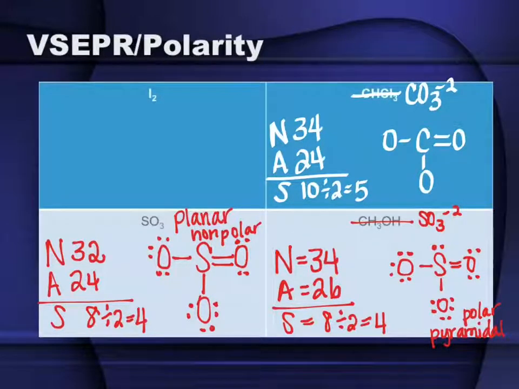So we have 24 electrons we need to use. We have 8. We have 9, 10, 11, 12. Oxygen's happy. 13, 14, 15, 16, 17, 18, 19, 20, 21, 22, 23, 24. So this is one of those exceptions where that doesn't work. So what is the shape? Trigonal planar.